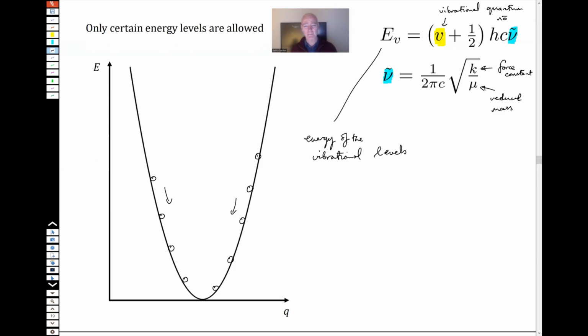The force constant makes a lot of sense because, again, as I said before, a double bond should be harder to pull apart than a single bond. So if you imagine plucking a string, it's like a stiffer string. It should resonate at a higher frequency. If we use the guitar string analogy a little more, if you have a very thick string, one with a big reduced mass, you get a lower note than if you have a very skinny string.